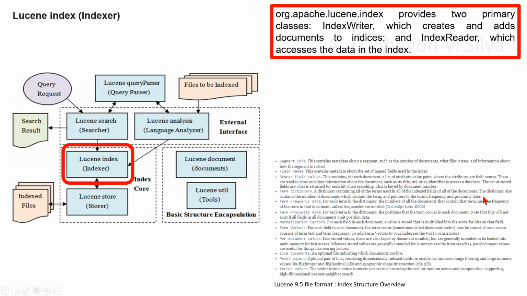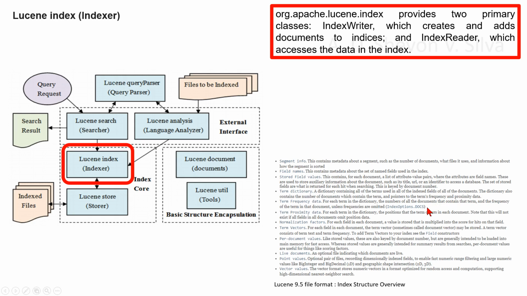The term dictionary, a dictionary containing all of the terms used in all indexed fields of all the documents. The dictionary also contains the number of documents which contain the term, and pointers to the term frequency and proximity data.